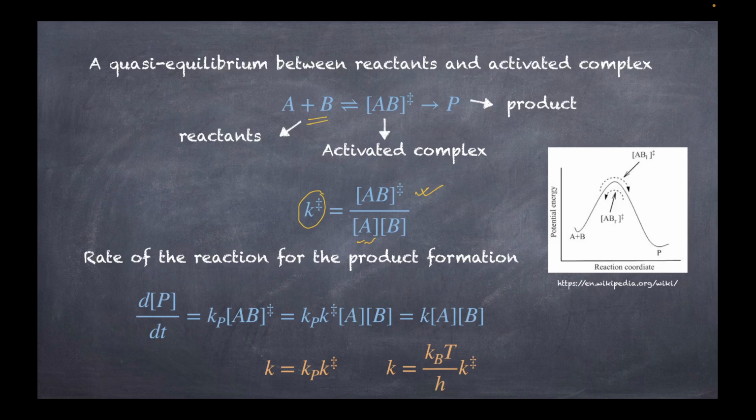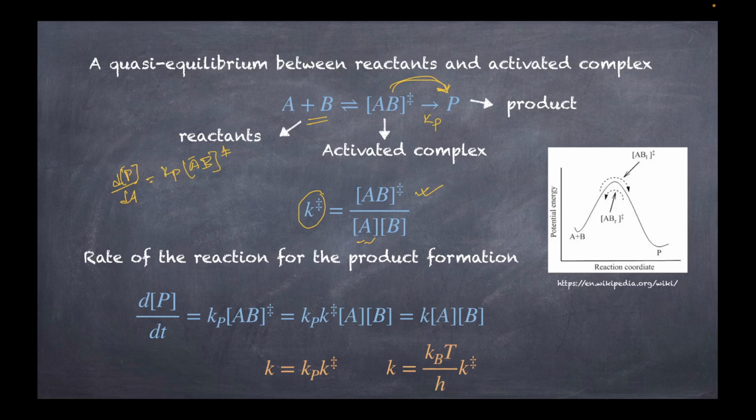Now for the rate of the reaction for the product formation, that means for this step from activated complex to product formation, from chemical kinetics we can write the rate equation for this step. The rate equation will be dP/dt, that means the rate of formation of product P with time, equal to some rate constant, let's say kp, times the concentration of activated complex AB double dagger.